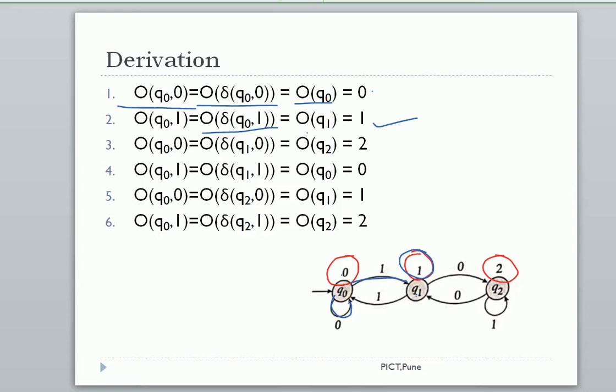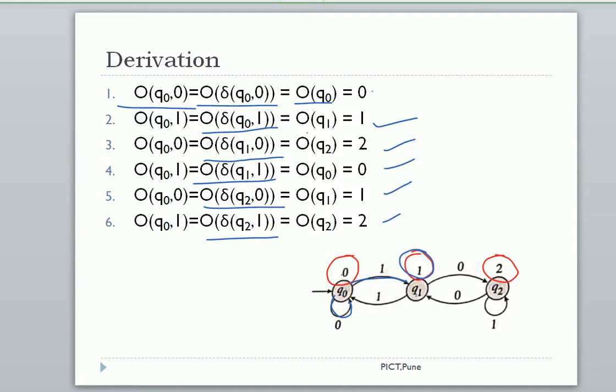We'll repeat the procedure for the remaining states: Q1 on 0, where instead of Q0 I will consider Q1, then Q1 on 1. Similarly, Q2 on 0 and Q2 on 1. You will get 2, 0, 1, 2.